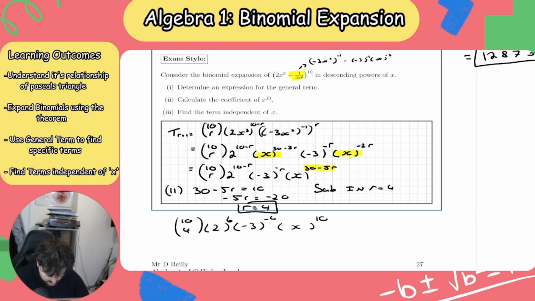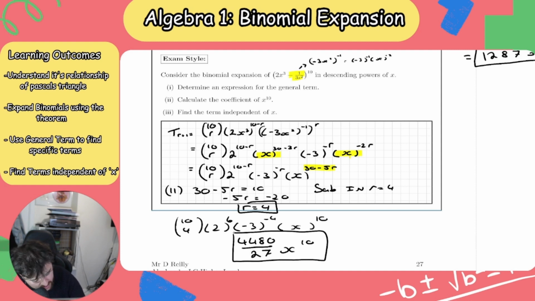So 10 choose 4 multiplied by 2 to the power of 6 multiplied by minus 3 to the power of minus 4. And then you get a lovely double fraction, and you get 4480 over 27x to the power of 10. That's my answer there.